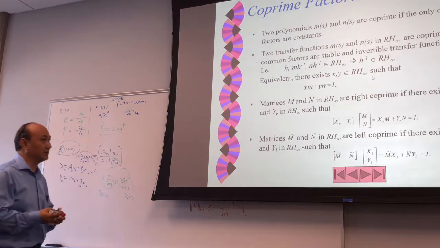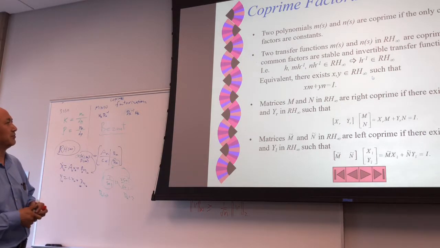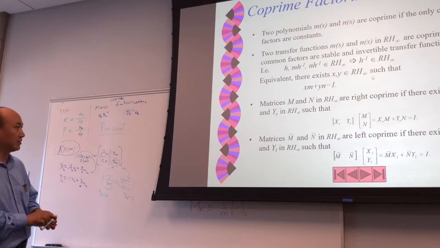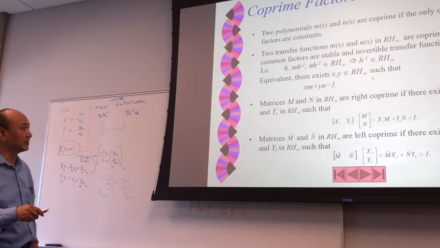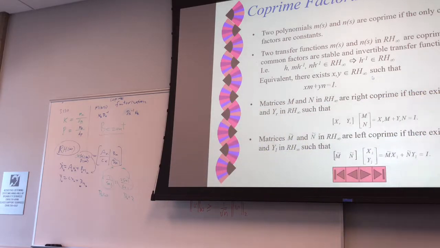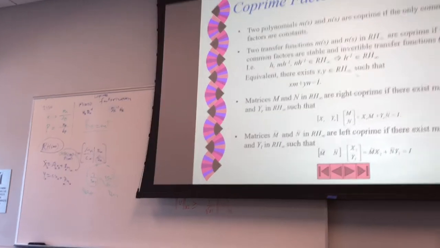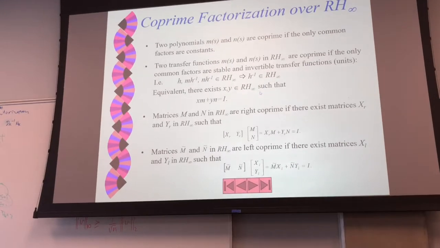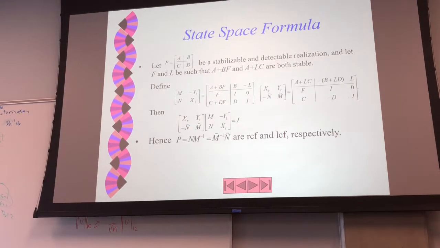His name is not mentioned in this slide. So this is called the Bézout identity. Don't ask why; it's in the literature to prove this.